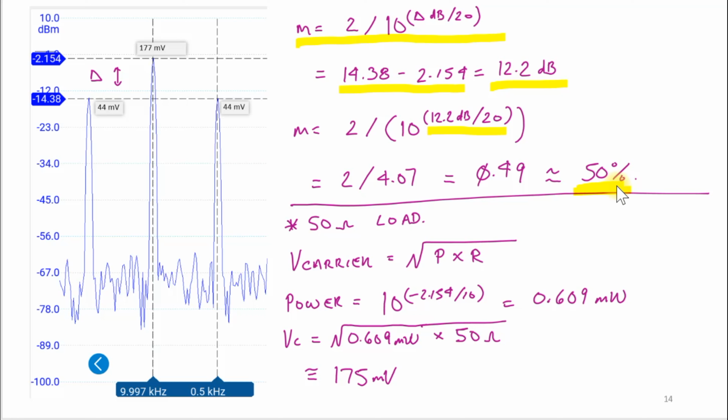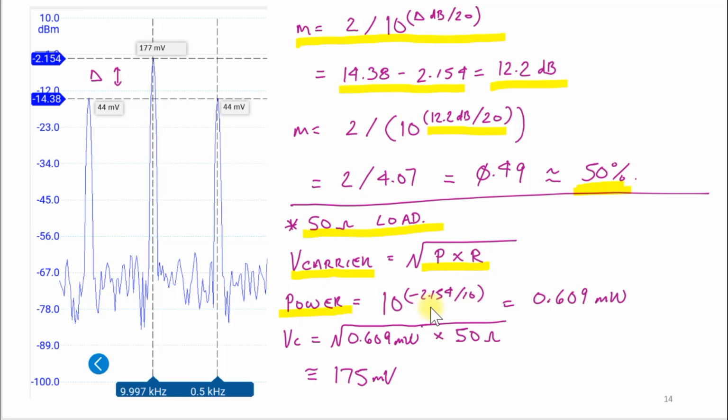Oh yes, the second method I wanted to show you was actually measuring the voltage. So here I have a 50 ohm load, and you set that up in the picoscope. So I'm using a 50 ohm load, and the voltage of the carrier is going to be equal to the square root of power times resistance. So I can figure out the power first.